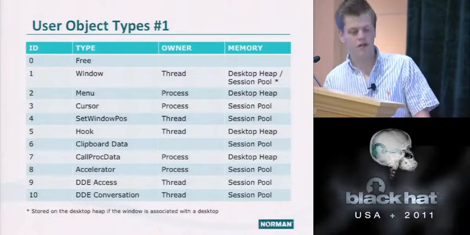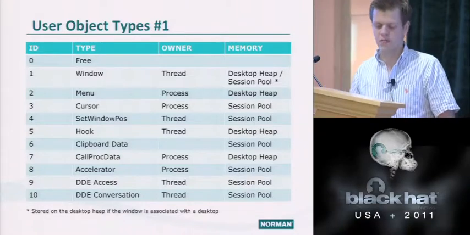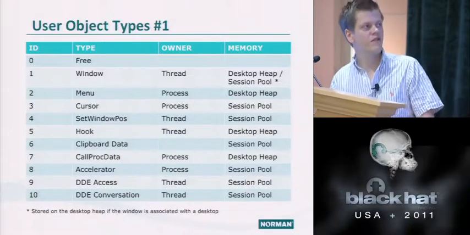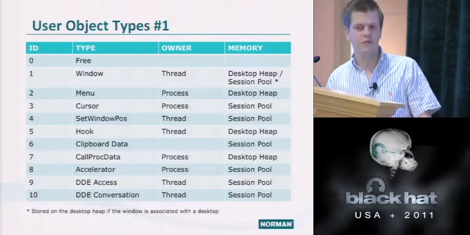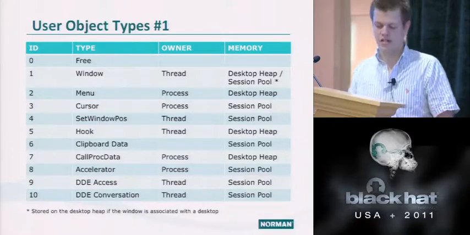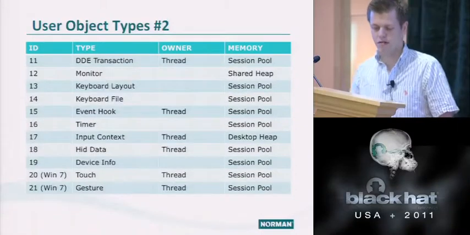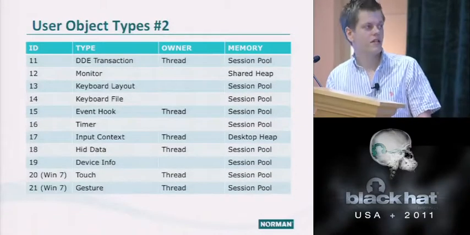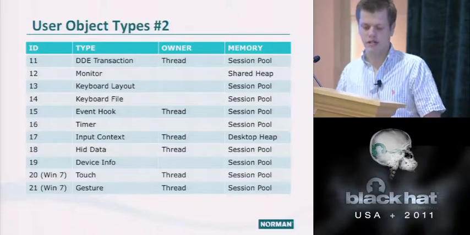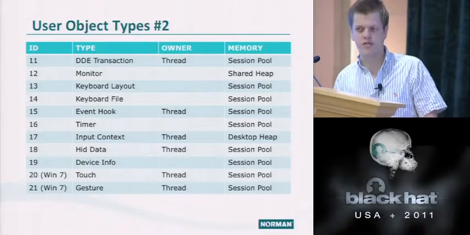And like I said, the session pool is not mapped into user mode, so the ones that we have access to are really just the desktop heap and the shared heap objects. As you can see at the bottom, we have 2 new objects in Windows 7, the touch and gesture types.